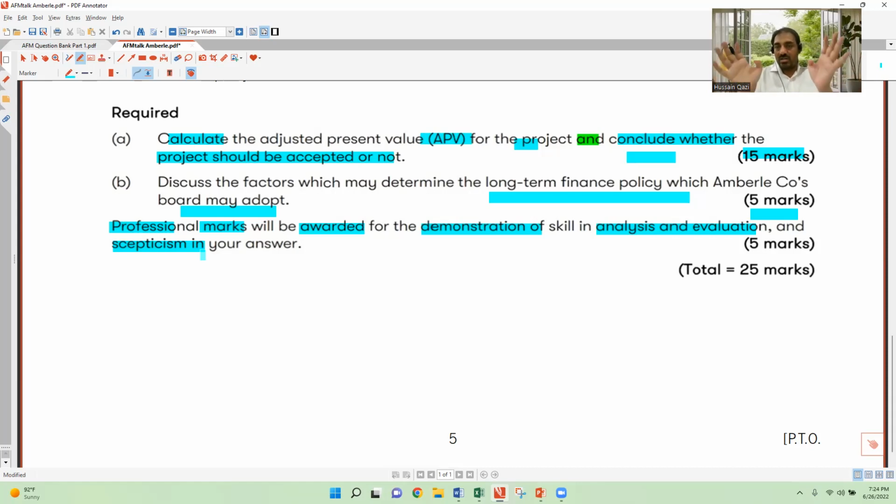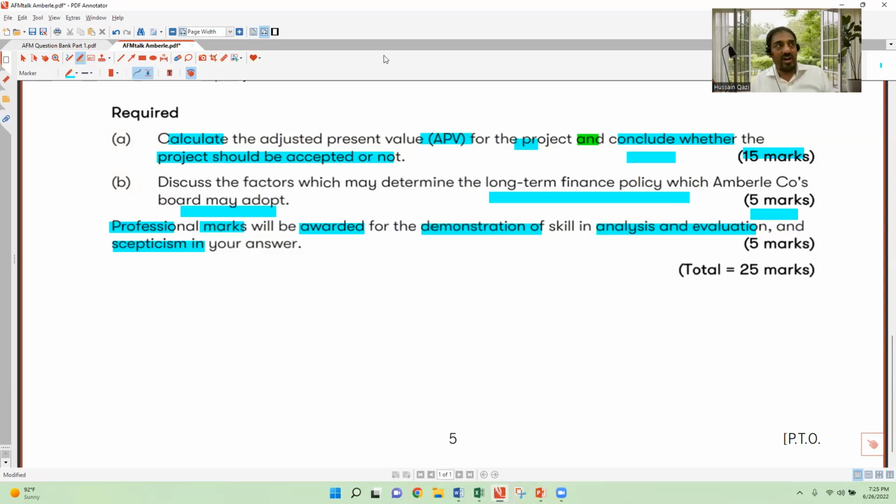There are 4 professional skills marks that you need to apply in the AFM exam, but for section B, the examiner never asks for communication. The rest of the 3 are analysis and evaluation number 1, skepticism number 2, and business acumen number 3. These can be examined in section A or B, but in section B only these 3 aspects of the professional marks will be examined.